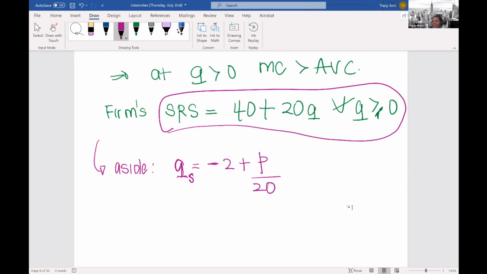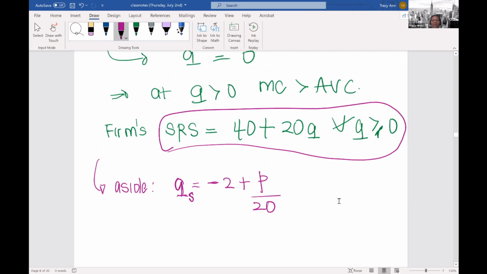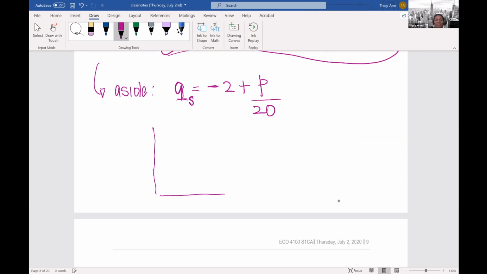In reality, if I were to look at the graph of this, this is my marginal cost, which is equal to my supply, or supply equals marginal cost, however you want to look at it. And here I know my price is equal to 40. And so this is how we get the firm's short-run supply curve.